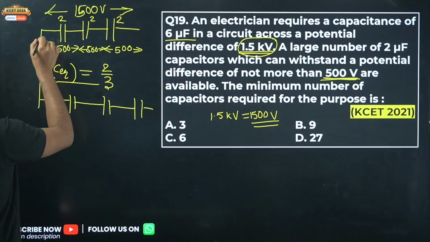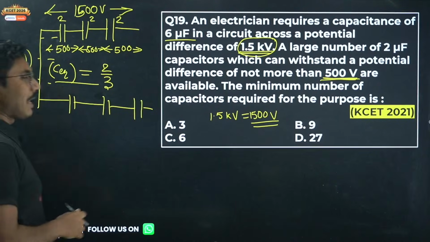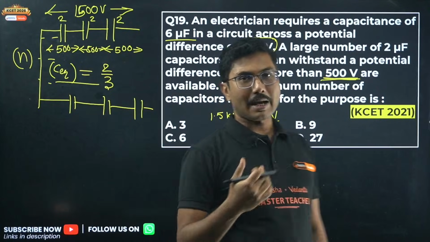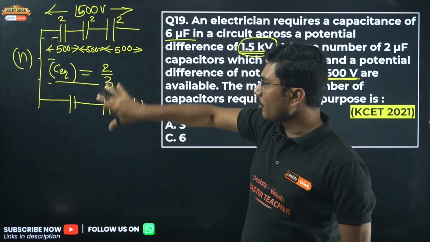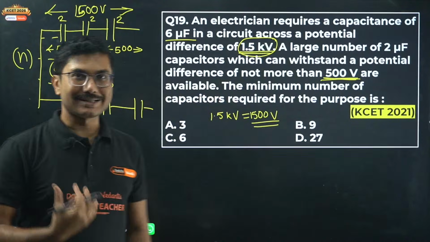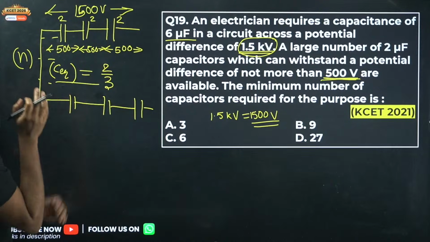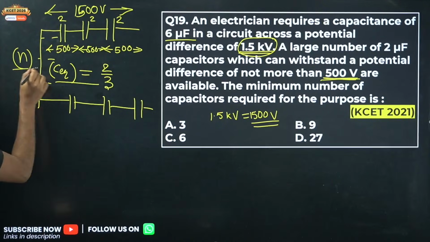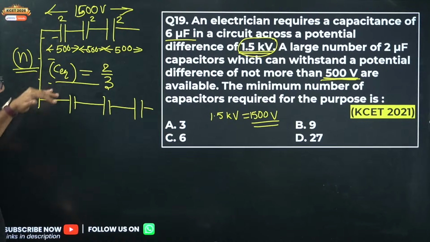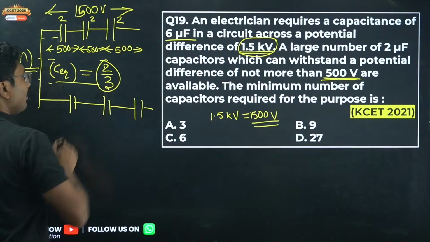Suppose we have connected n such branches in parallel, all of them having 3 capacitors, so that our equivalent capacitance is 6 microfarad. Let us see how many such rows we need. n rows, each of them has 2/3 microfarad.